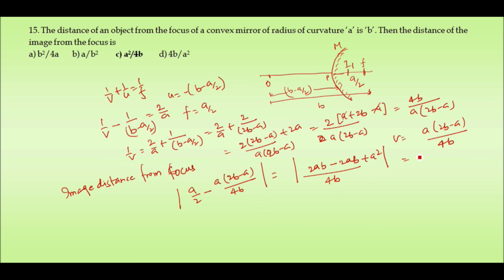So it comes out equal to a squared by 4b. So the image distance from focus comes out to be a squared by 4b. If you see the options, then option C is correct. Answer is a squared by 4b.